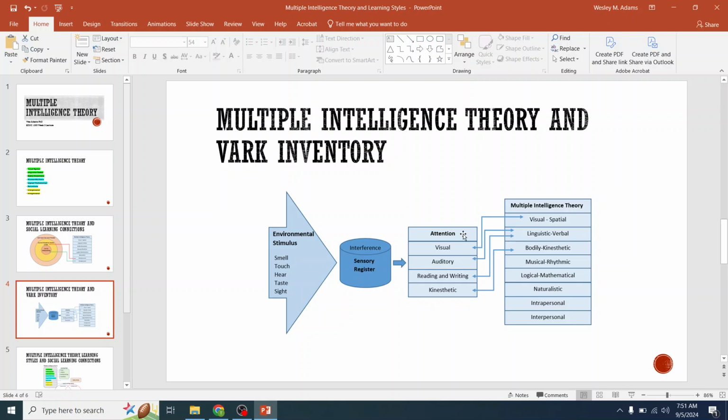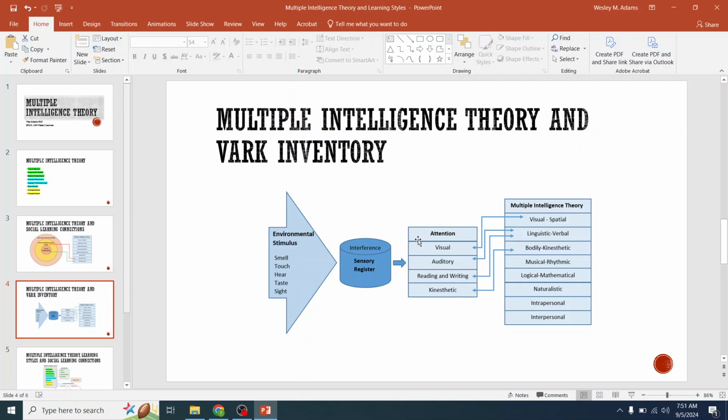So I had you do the VARK inventory at the beginning. In the second half of the week, we will take multiple intelligence theory, and on the second day of the week, we'll simplify it to something that's easier to test out with the activities. So we'll have the VARK inventory that you did in week 1. We're going to look at that, but in terms of something that you can physically manipulate.